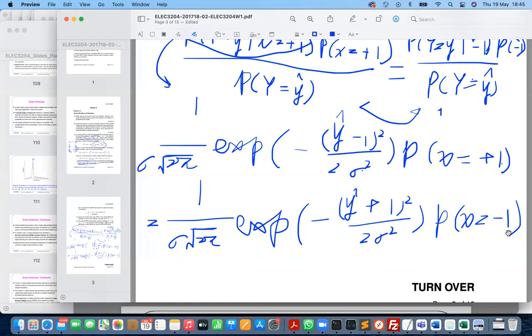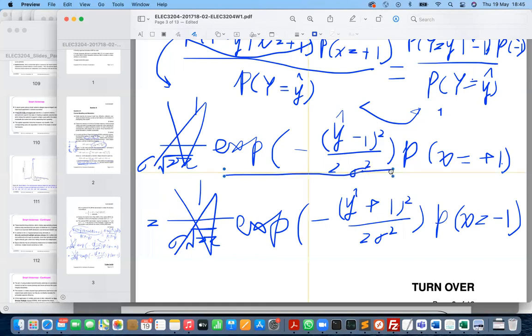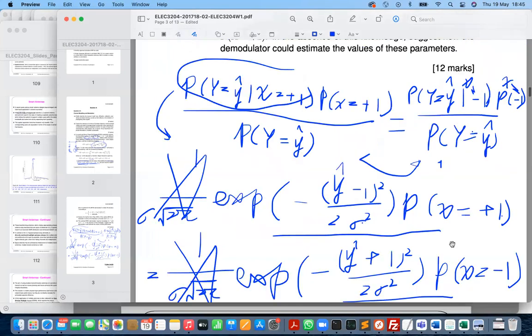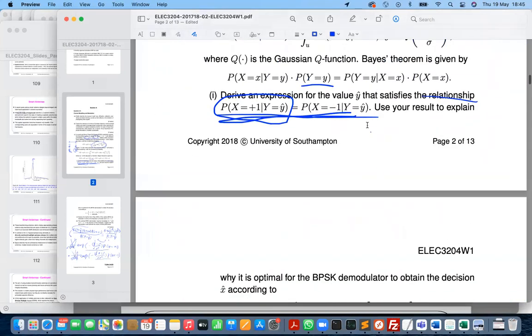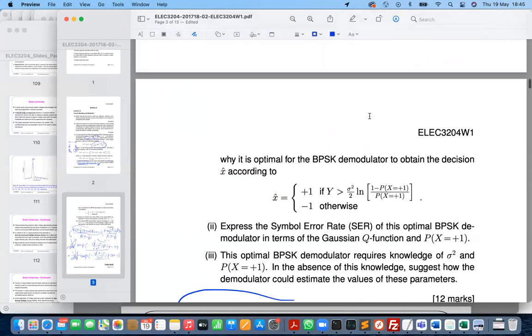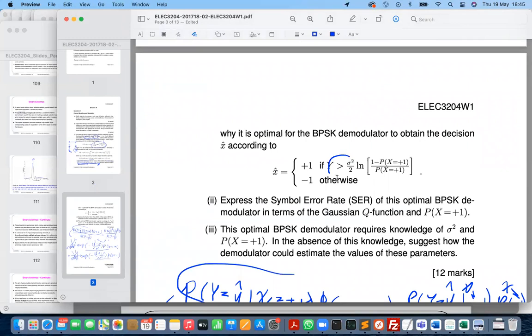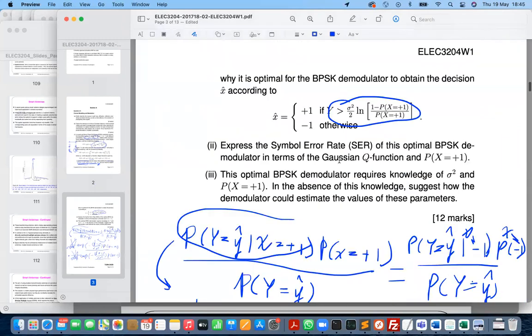Okay, so this is a constant that can be deleted from both sides, and now we have what is required to have here. And then we want to arrive at here. What do we do?